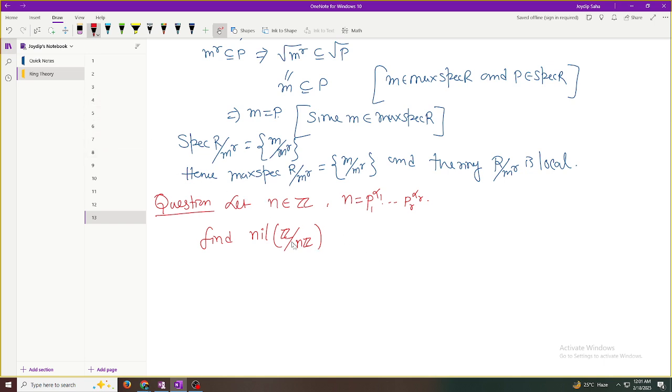What is root 0 of this ring? Root over 0 plus nZ. What is this, in Z mod nZ?